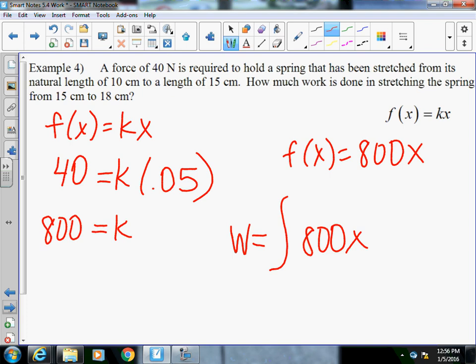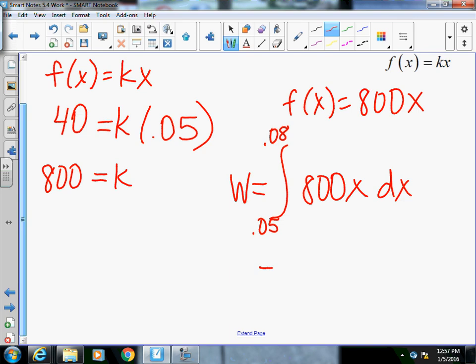And it's going to be stretched from 0.05, because 15 is 5 centimeters, 0.05 meters longer than its natural length of 10, to 0.08, because 18 is 8 centimeters, or 0.08 meters longer than its natural length of 10. I went ahead and solved this in my calculator, and when you work this out, you should get 1.56, this time joules, because we are in meters. So we're in the metric system.